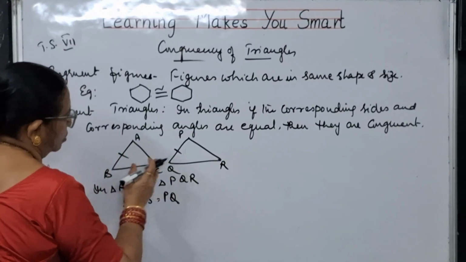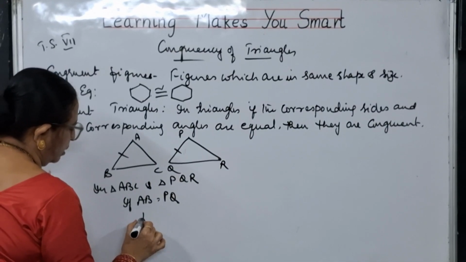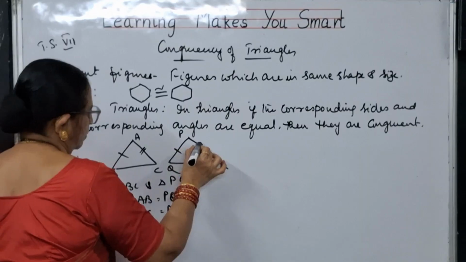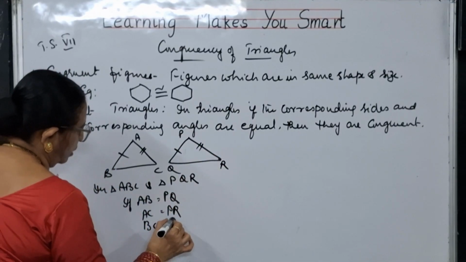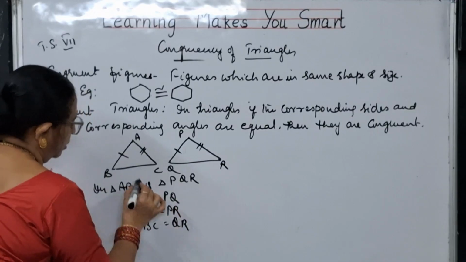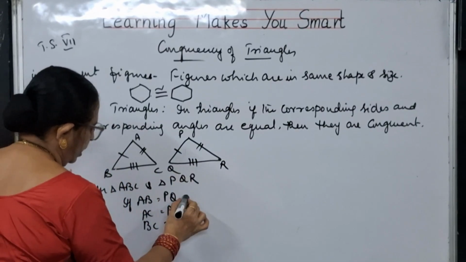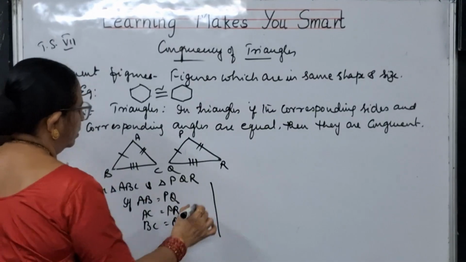AC is equal to PR, BC is equal to QR, and what else?